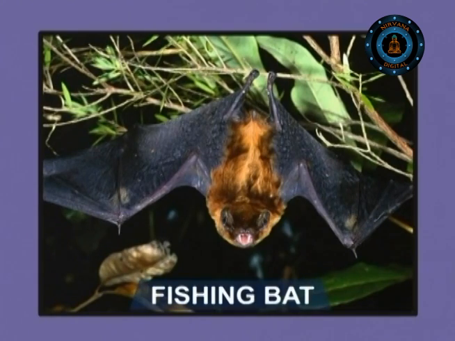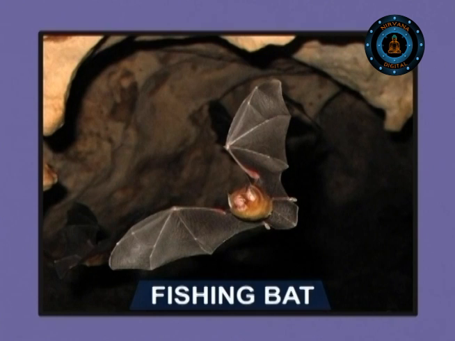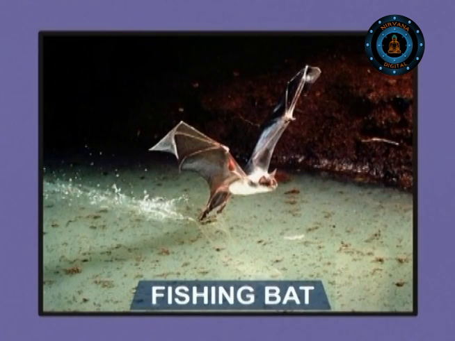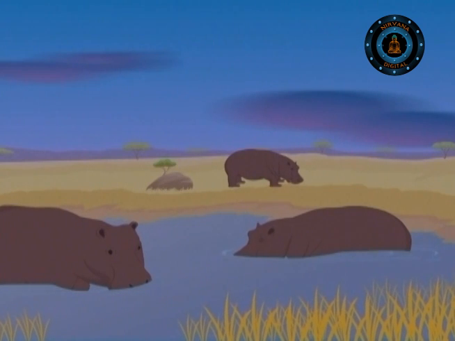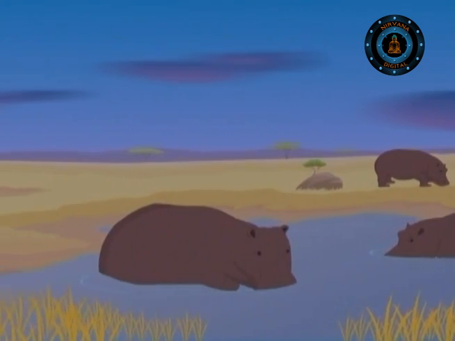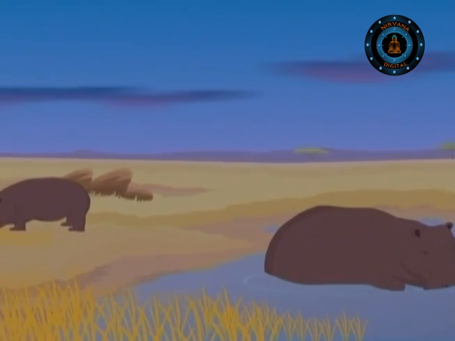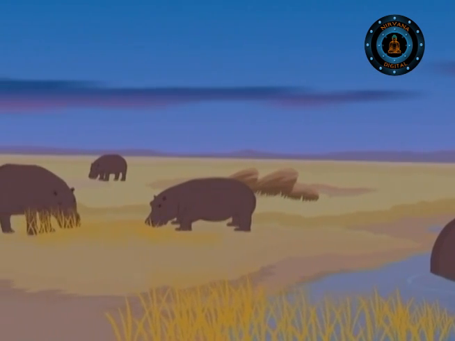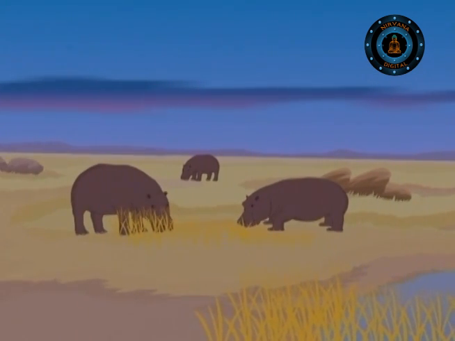In addition to these mammals, there are several fishing bats that grab their prey from above. Then there are hippopotamus of Africa that spend much of their lives in water, climbing onto land only to graze, usually at night.